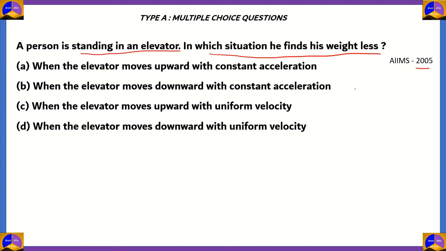So the basic idea is that in an elevator, the acceleration of the elevator changes the normal reaction of a person inside the elevator. So the normal reaction is dependent on the upward or downward acceleration of the lift.